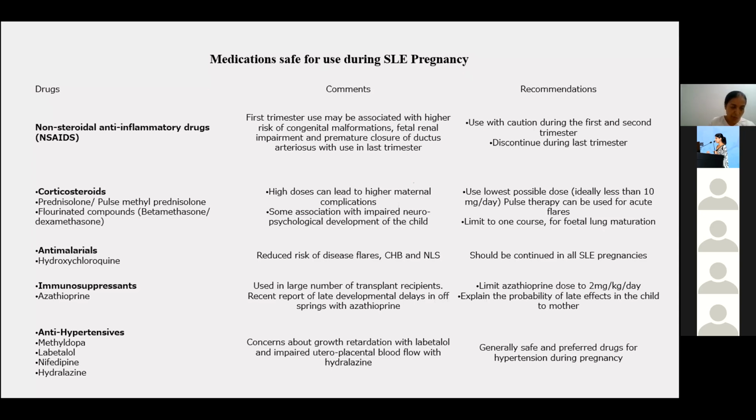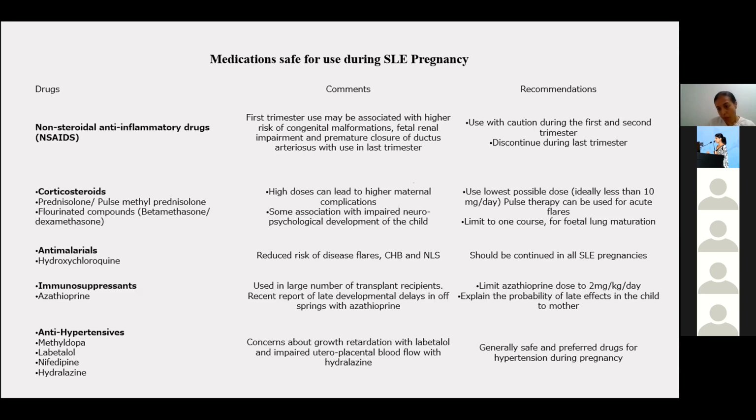And steroids become life-saving most of the time, especially because our hands are tied, as we cannot use many drugs, but high doses can lead to higher maternal complications like gestational diabetes. Therefore, we should use the lowest possible dose, ideally less than 10 milligrams per day.